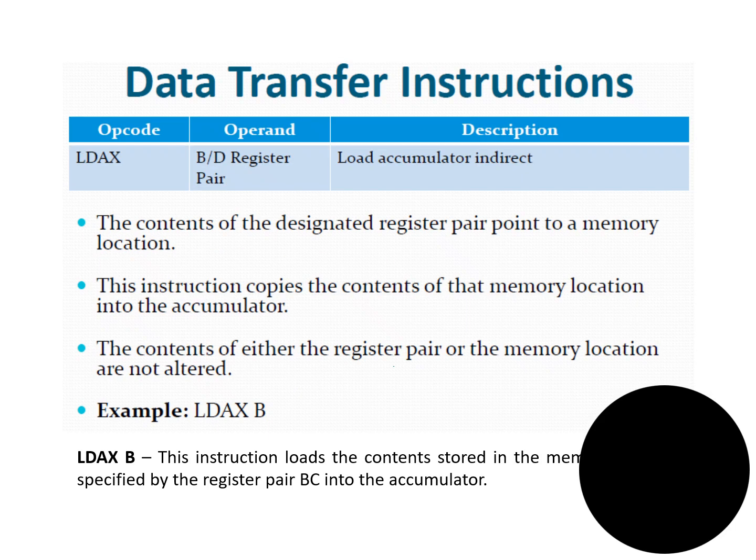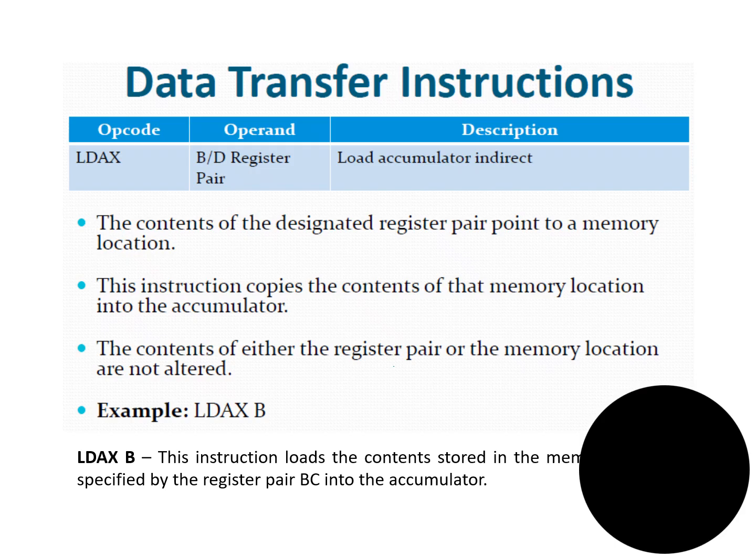And next, LDAX B means the content of a designated register pair will point to the memory location. So now let's come directly to the example.